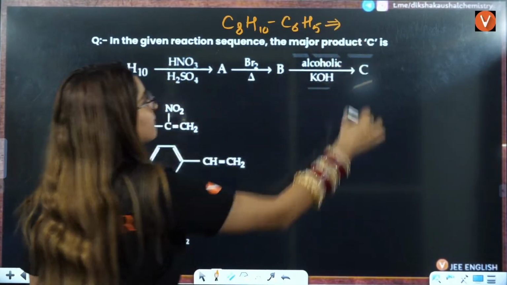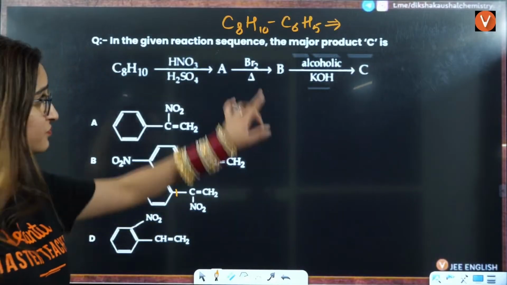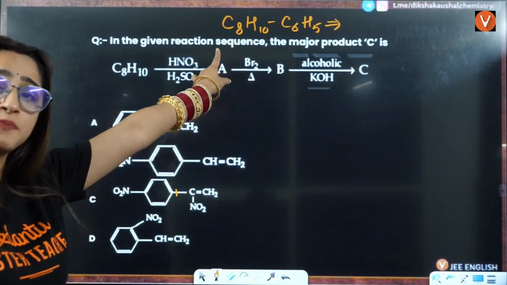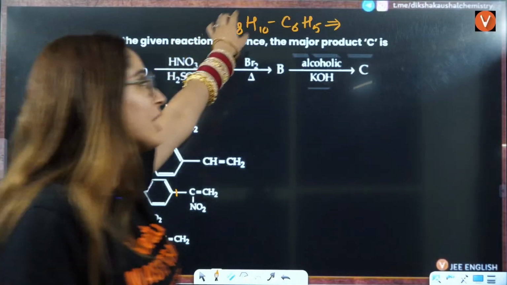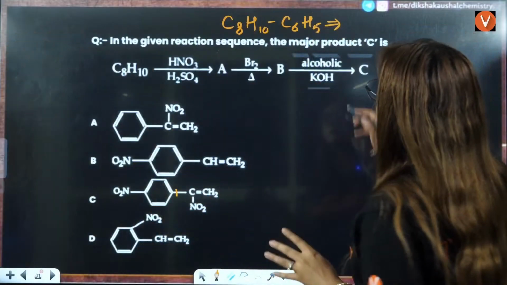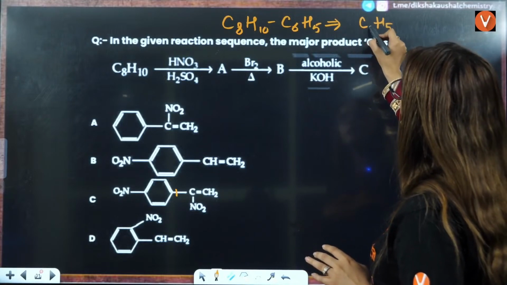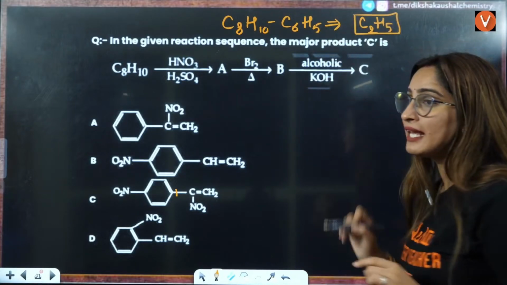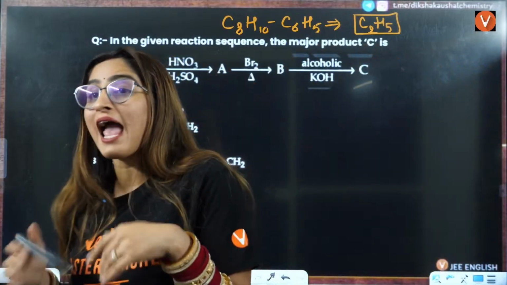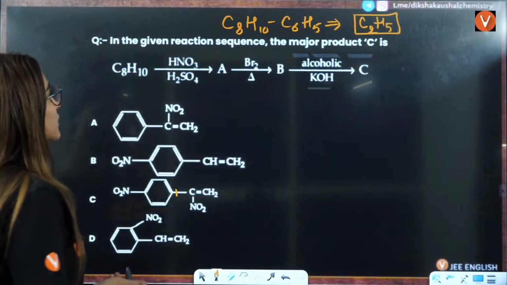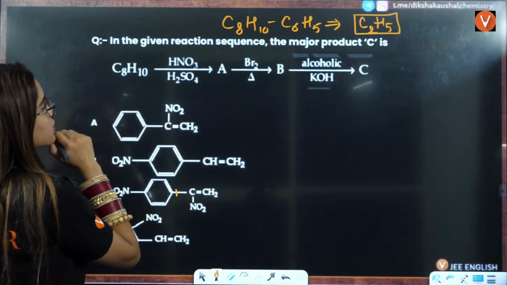Ma'am, benzene is C6H6? One hydrogen is substituted in the substituted compound also, right? So C6H5 is the substituted part, and here you have C2H5. That means ethyl can be the substituted part here, right?